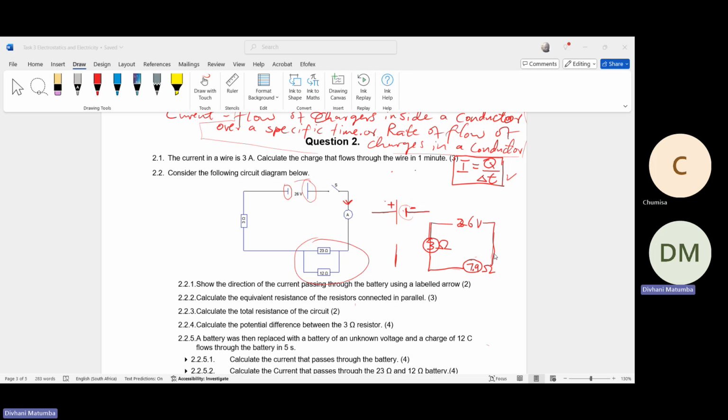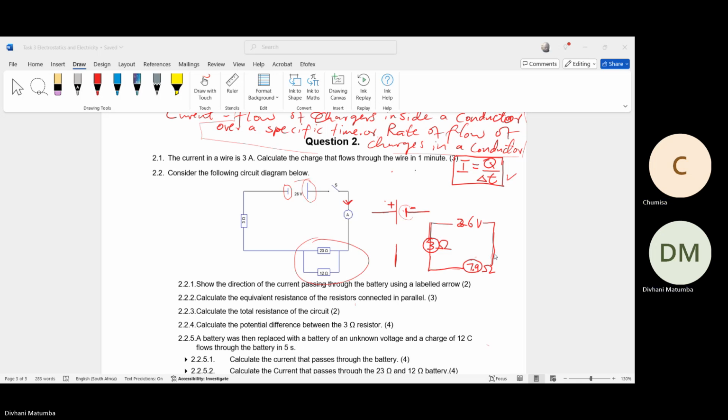Then if you have a series circuit, how do you find the total resistance of resistors in series? Then we use the formula RT is equal to R1 plus R2. If there's a third resistance, then we add R3.